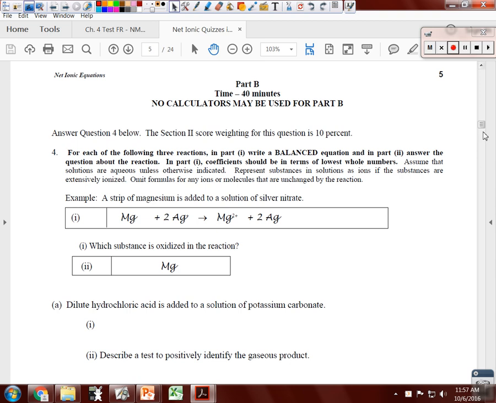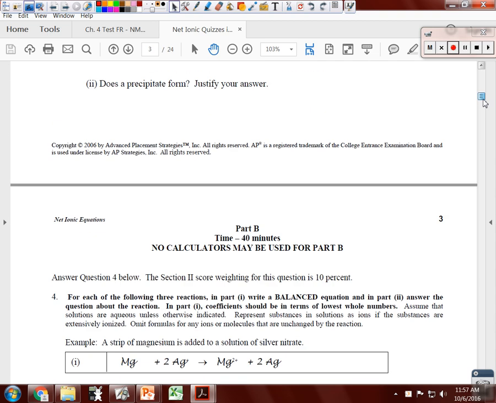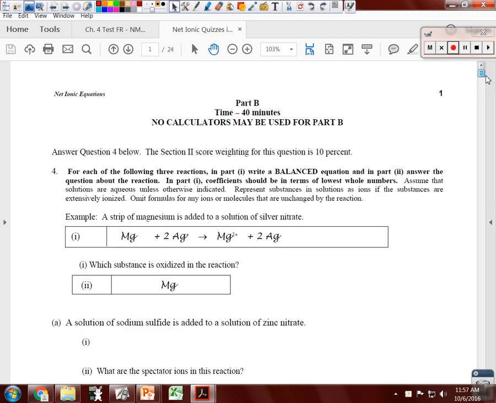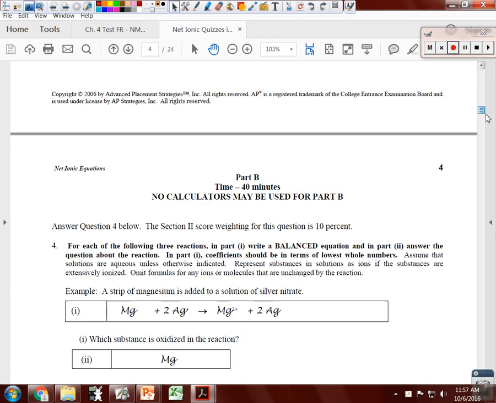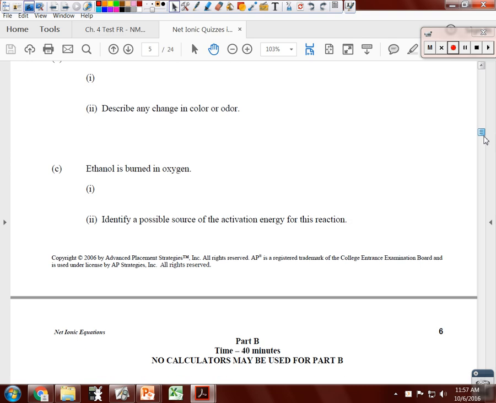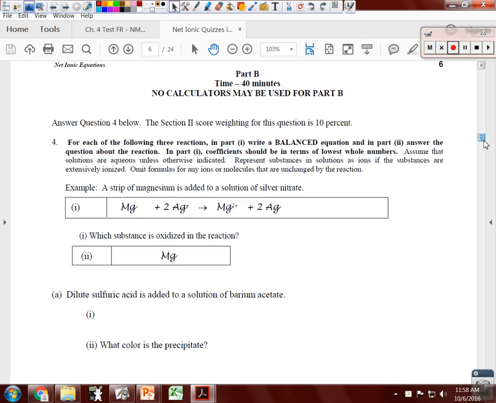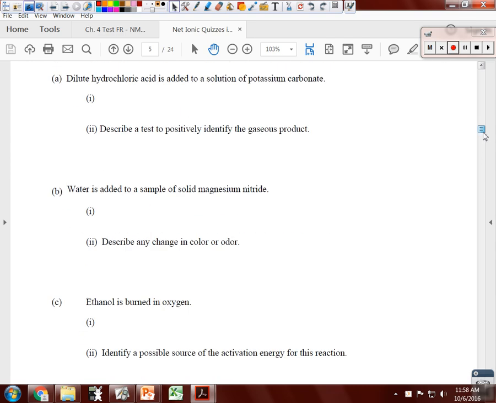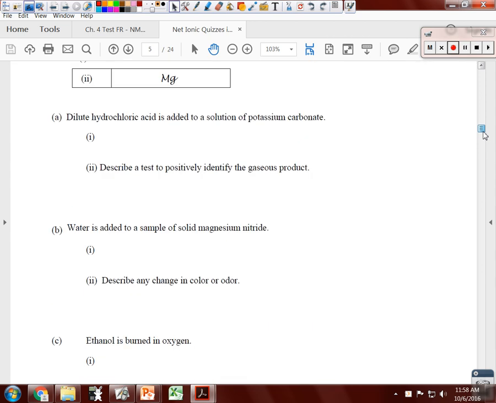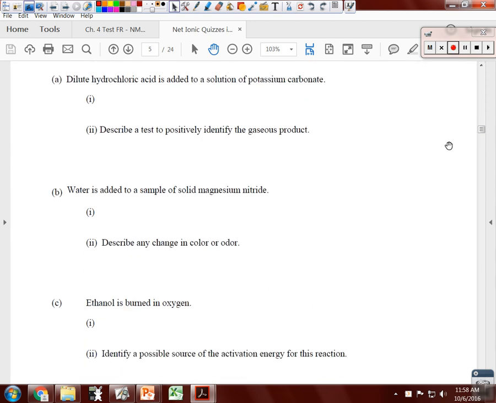This is the whole packet. These were questions throughout all the years, and notice they look identical to each other, and they're all net ionics. This was question 4 every single year until they decided to change it a few years back, so it's no longer part of it. But you could guarantee this question every year, and it looked just like that.